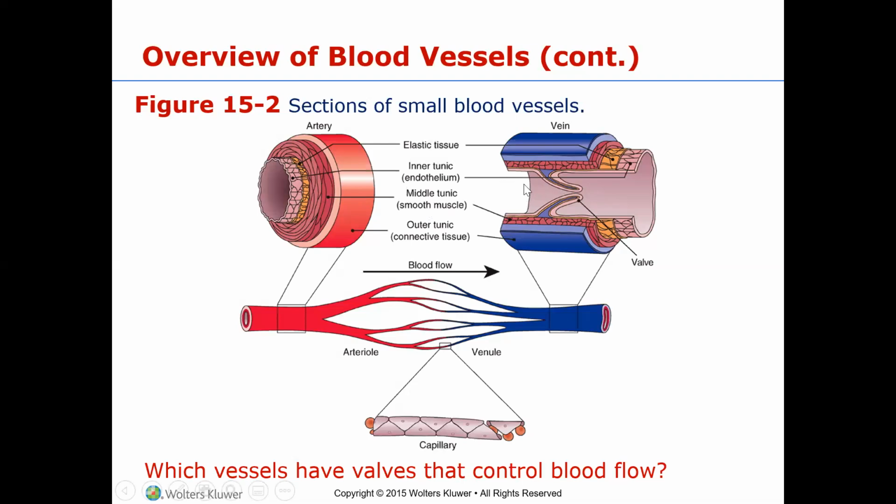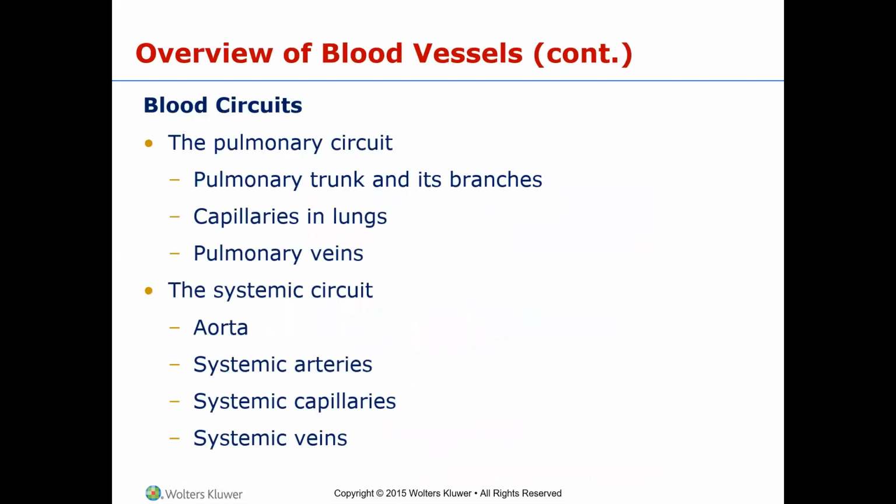We have these valves that block and close off, which prevents backflow of blood through the veins. It is going to go one way back to the heart. So that's what is controlling the blood flow, the valves in the veins.